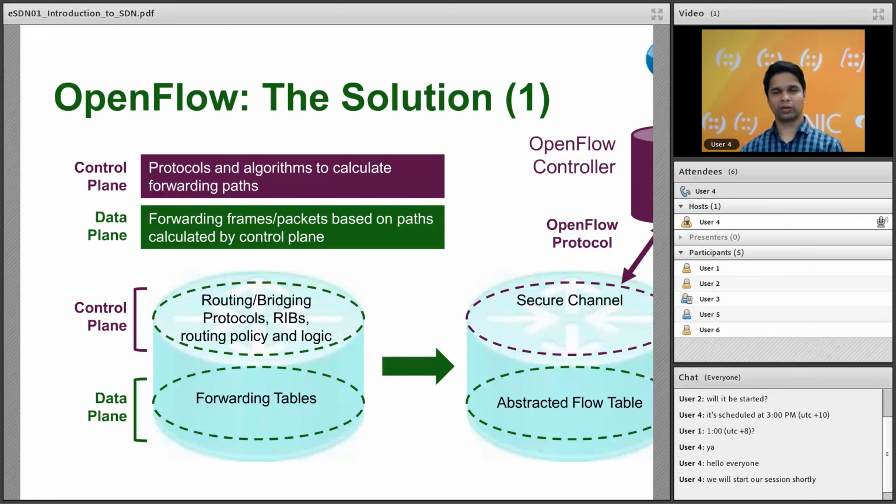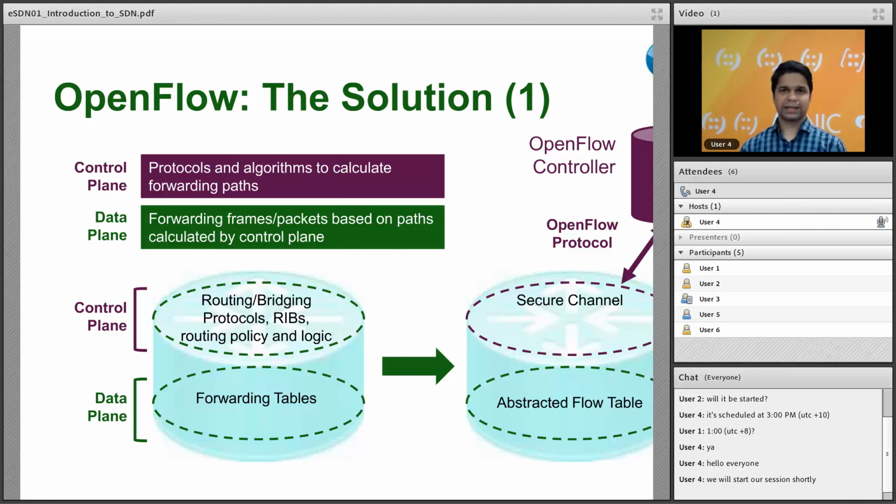We move all the intelligence to external devices, and abstract the forwarding plane on a switch as a flow table so that all switches appear similar from a forwarding perspective. This was important because forwarding tables are very hardware dependent. So the first thing we did was move the control plane to external devices, and we make sure that only the forwarding is done by the switch as a flow table.